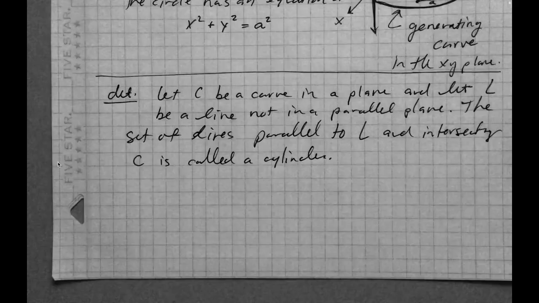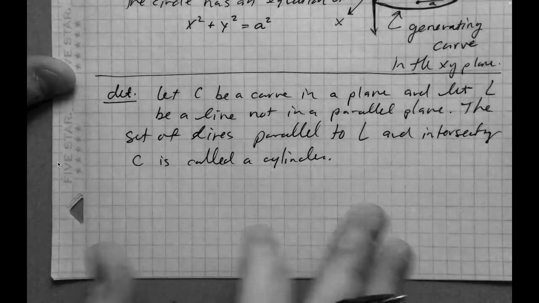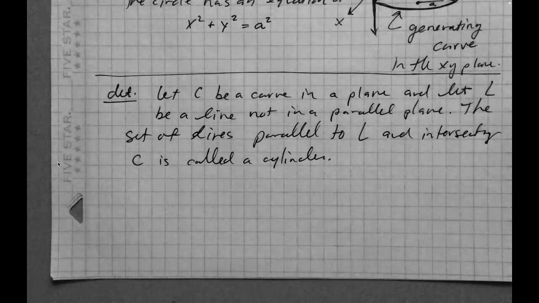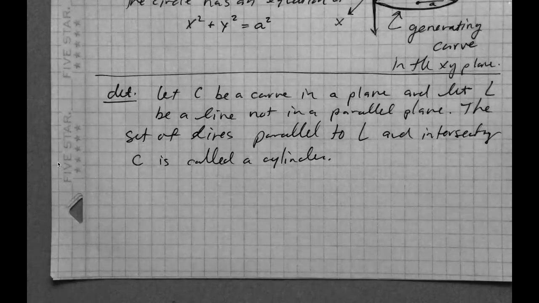So pause for a second and let's reread that and try to absorb this. So C is a curve in a plane, right? And L is a line not in a parallel plane to C.